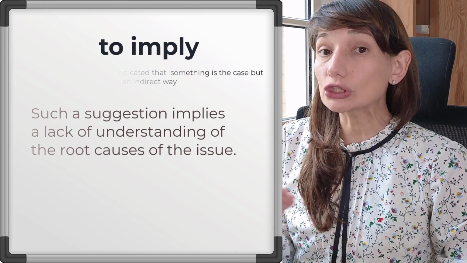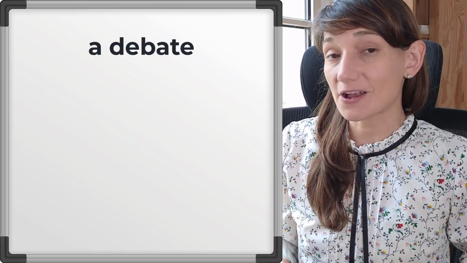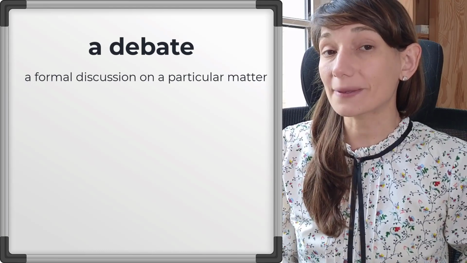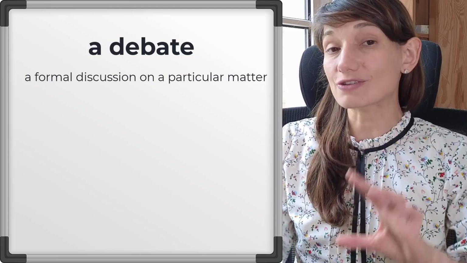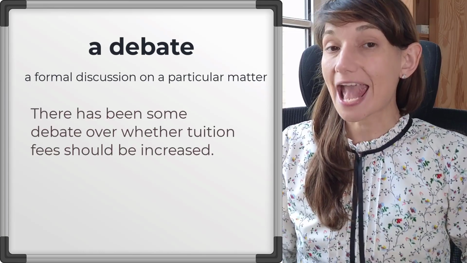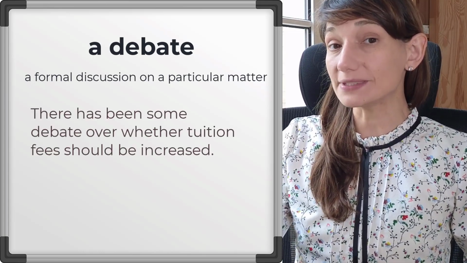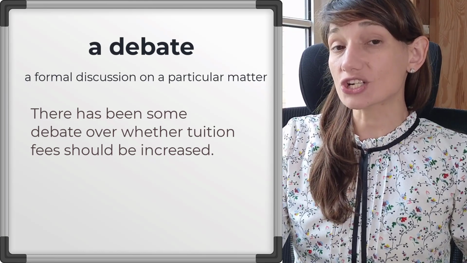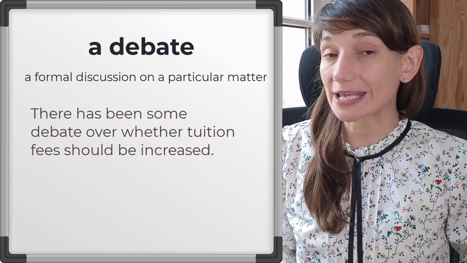Now let's move on to nouns. A debate is a very frequent word that we use to express our opinion or to make an introduction in an opinion answer. For example, I can say there has been some debate over whether tuition fees should be increased.